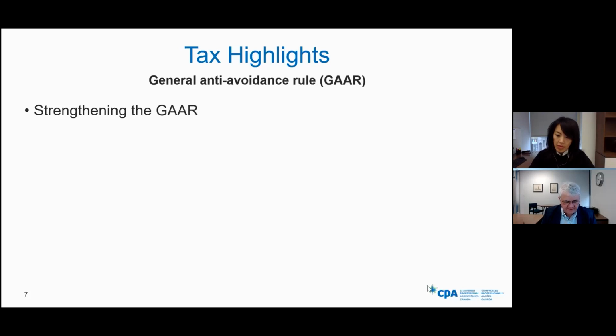So they said that as long as it's clearly established that what you're doing is acceptable, then it doesn't necessarily have to have economic substance. It's just where it isn't clear that you'll have to put it through more analysis. So again, that is a change that will have to be worked into the GAR analysis.